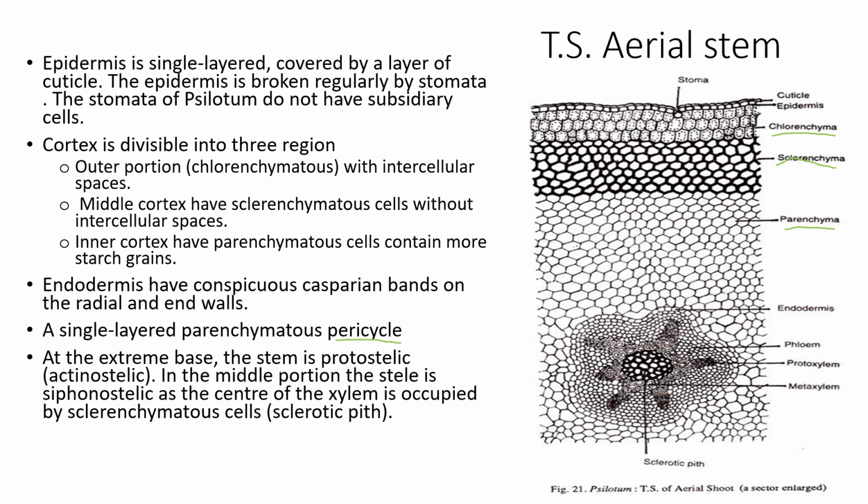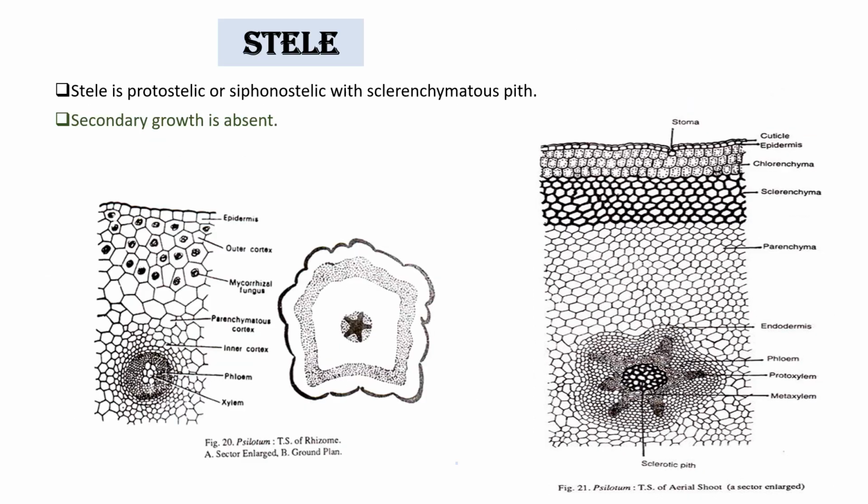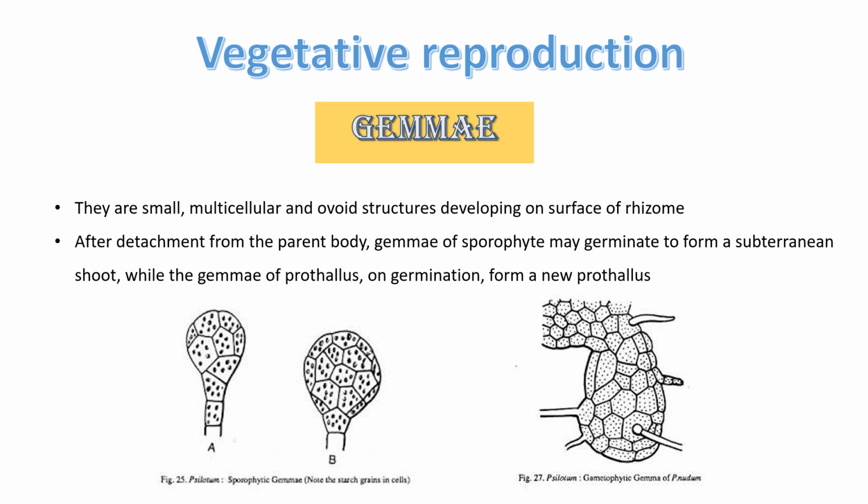Here we can see the sclerotic pith with xylem surrounded by the phloem. Next, the stele does not contain any secondary growth. It only contains protostelic, actinostelic, or haplostelic types with sclerotic pith.